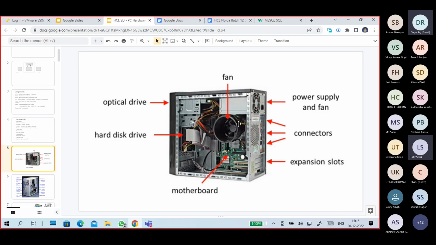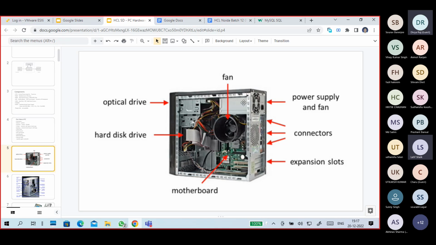Inside a cabinet we put certain components like your motherboard, and on the motherboard, CPU and RAM. And BIOS is also on the motherboard only. ROM is also on your motherboard, and hard disk and CD-ROMs are connected to your motherboard, which is inside this cabinet only.